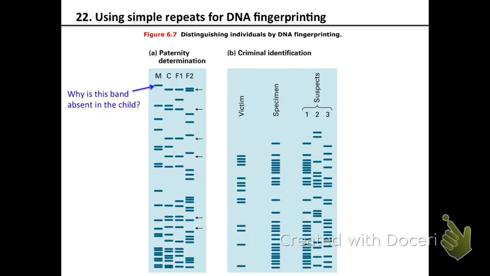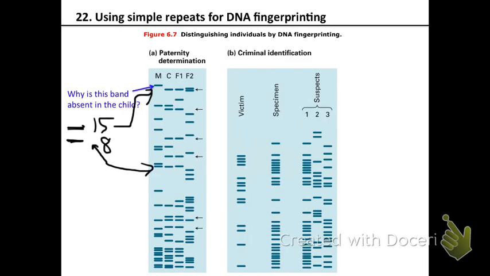Exactly. So the mother has this band, and let's say at the same locus the mother had 15 repeats of this, and that produced this band. And let's imagine that in the other allele, the mother had 8 repeats, producing this band, right?